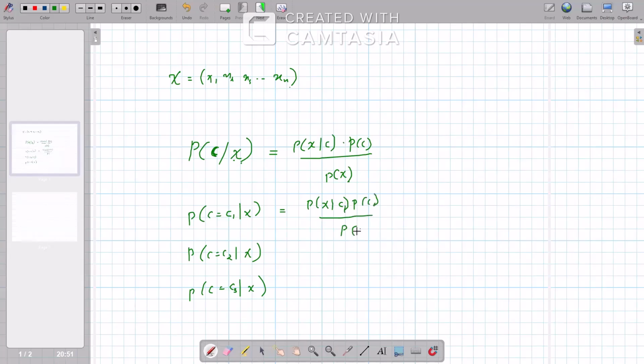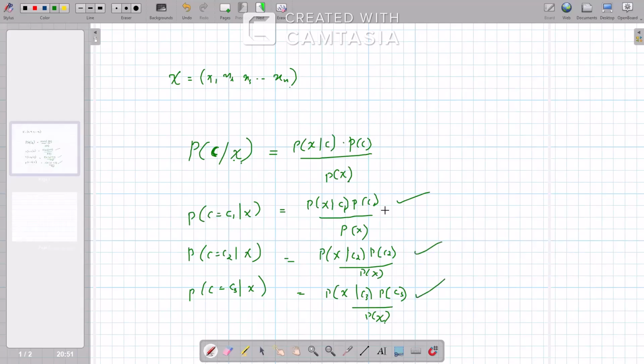Probability of X given C2, probability of C2, divided by probability of X. Probability of X given C3, probability of C3, divided by probability of X, right? So, the one which is having maximum probability.